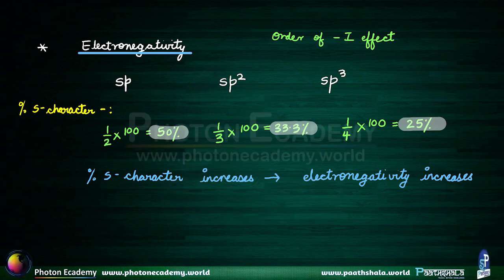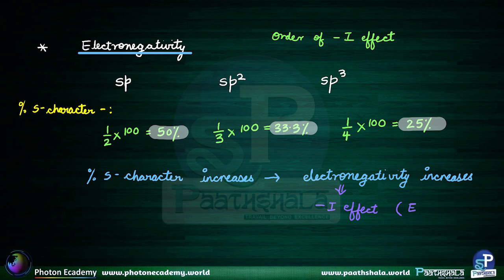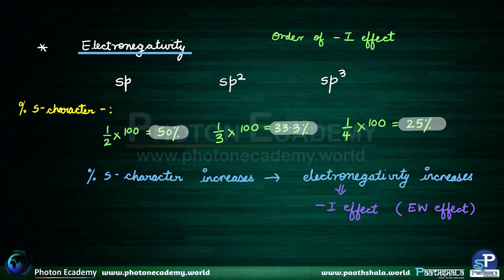And now we remember the first case which we studied was that when electronegativity increases, this leads to an increase in the minus I effect or in the electron withdrawing effect. Okay, so what I've just said is that if percentage S character is increasing, the electronegativity is also increasing and minus I effect is increasing.